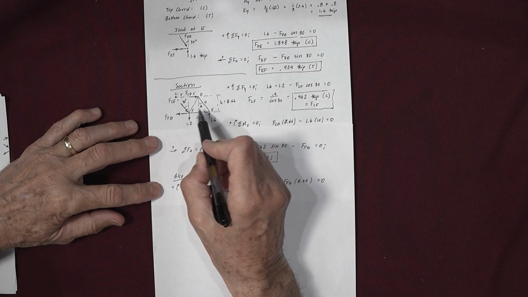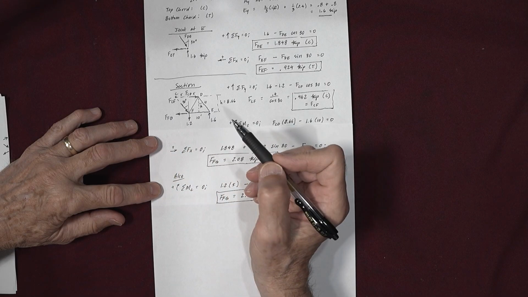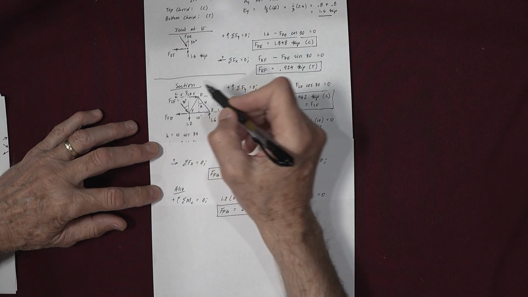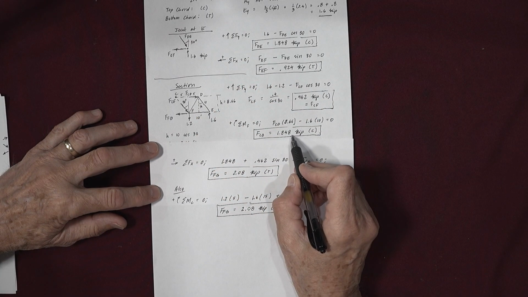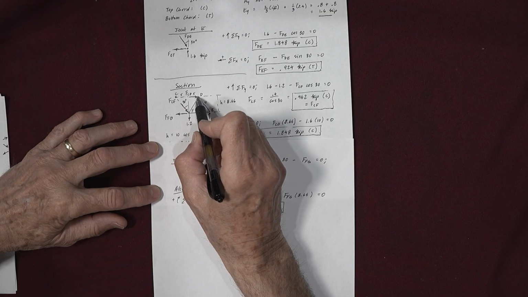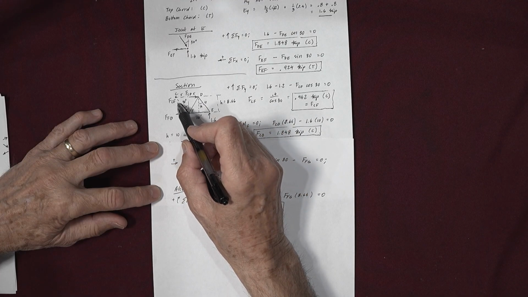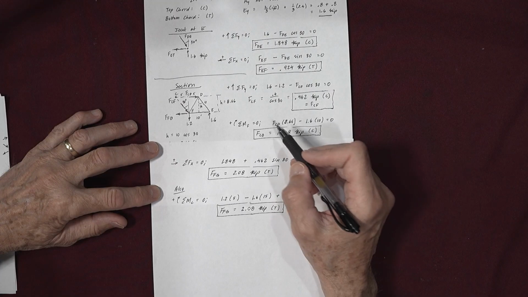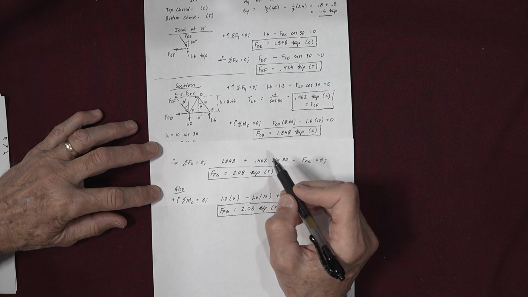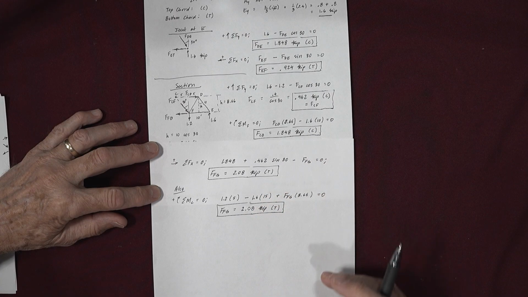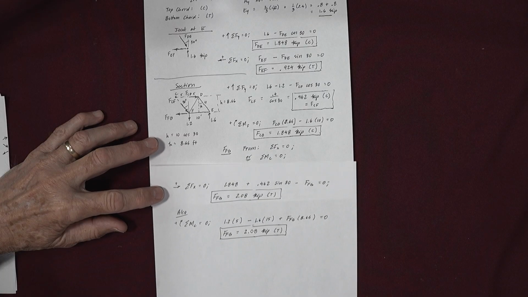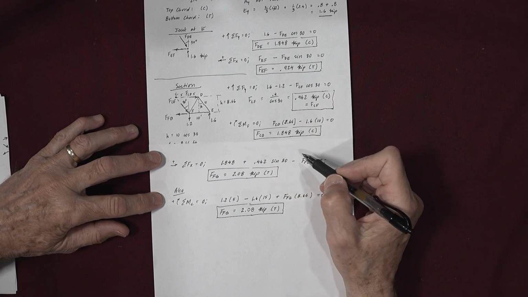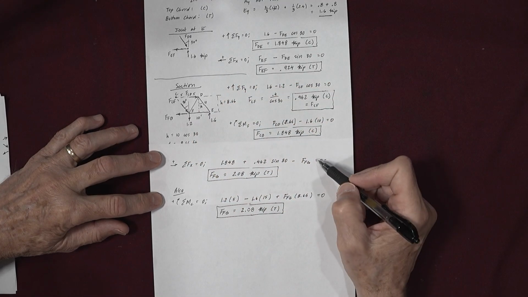If we sum forces in the x direction, which for most people is probably a little easier, we have FCD, which is 1.848. So 1.848 plus FCF times sine of 30, and FCF we found to be 0.462, right here, minus FFG is equal to 0.